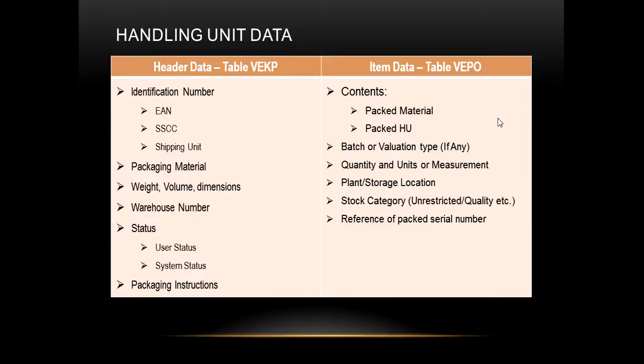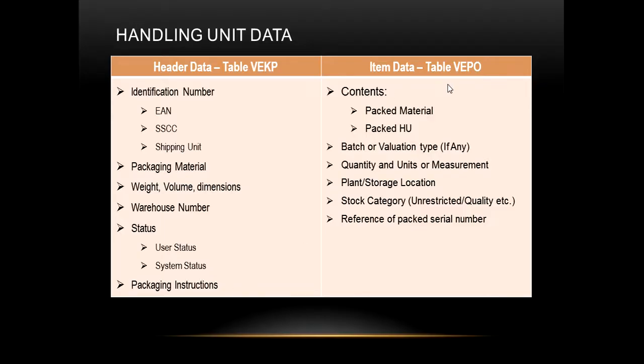Now, the tables and different data that will be captured through handling units are: for header data, VEKP is the table wherein it will capture identification number, EAN number, SSCC, serial shipping container code, and shipping unit. Packaging material that has been used, weight, volume and dimensions of both the packaging material and the material that has been packed, which means finished material, warehouse, status and packaging instructions.